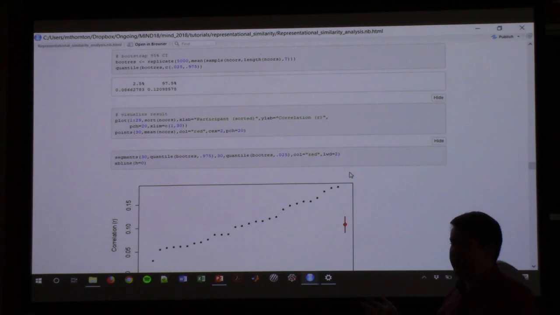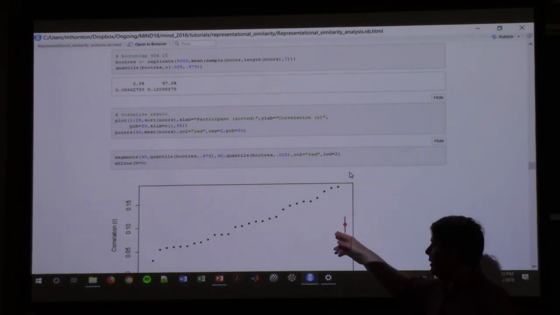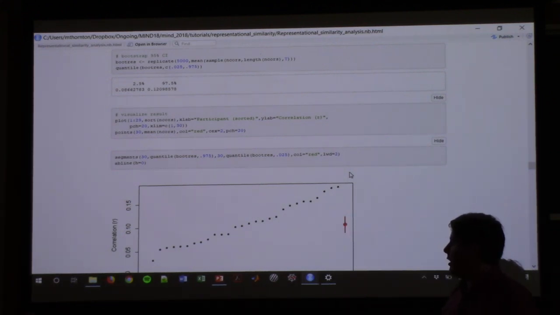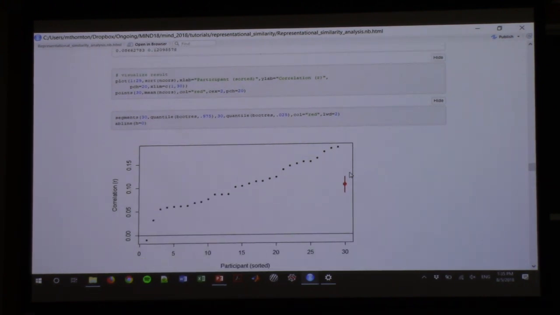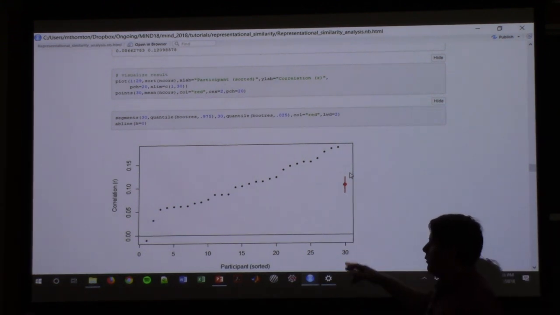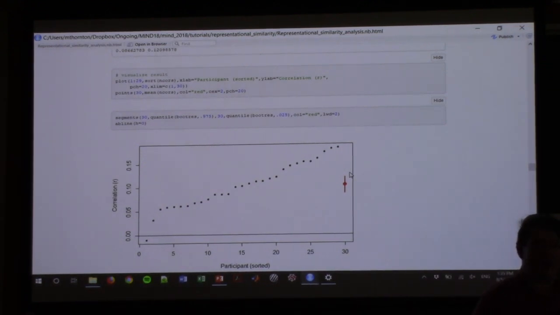In this case, you don't actually need to worry about the Fisher-Z transformation because the bootstrap doesn't care about the normality of the data. And you can end up with a nice confidence interval around your mean, which you can then compare to 0 or to another model if you have a standard for comparison. Here we see, just comparing this to 0, that we're outperforming chance pretty convincingly again in this data.